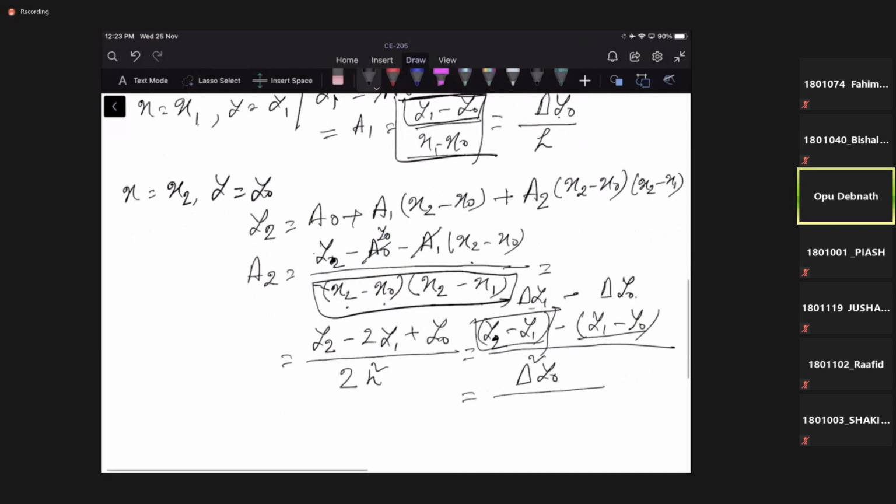Clear? And the lower portion 2h square, we can write it as 2 factorial h square.